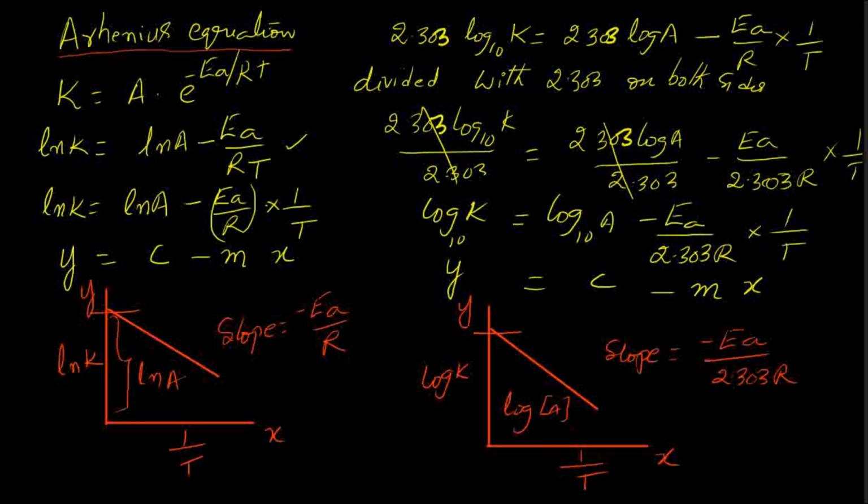So only by three formulas we can write more than 20 graphs in chemical kinetics. What are these formulas? I can repeat.